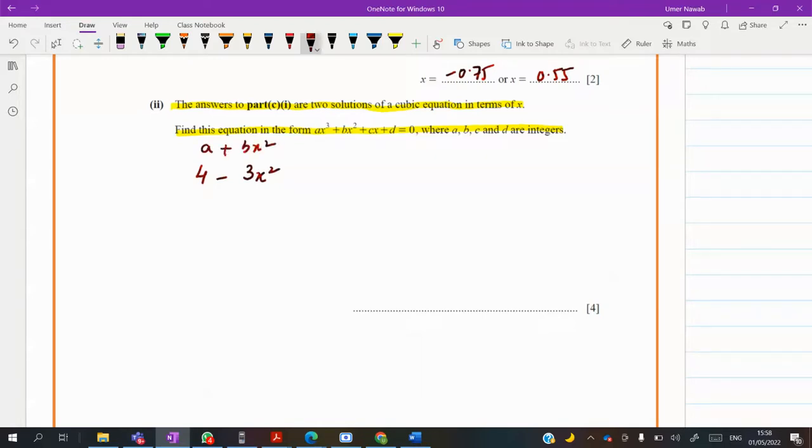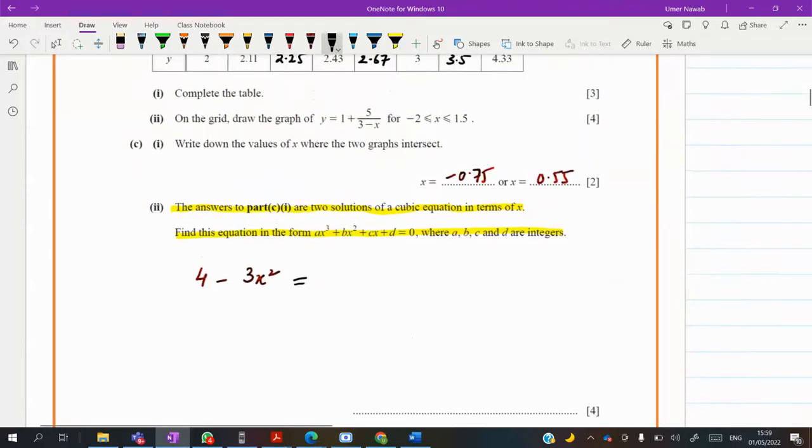He was asking us the intersection of the two curves. The equation of the first curve was a plus bx squared, which is 4 minus 3x squared. Put it equal to the second equation, which is 1 plus 5 over 3 minus x.